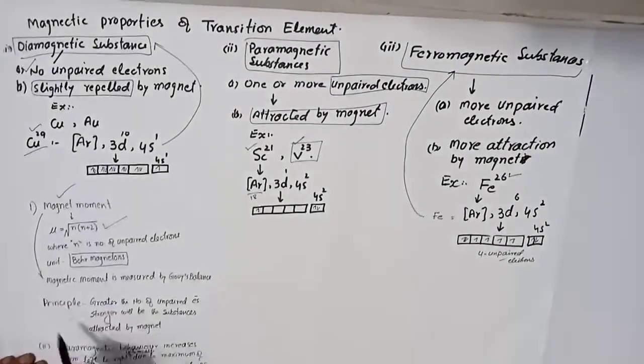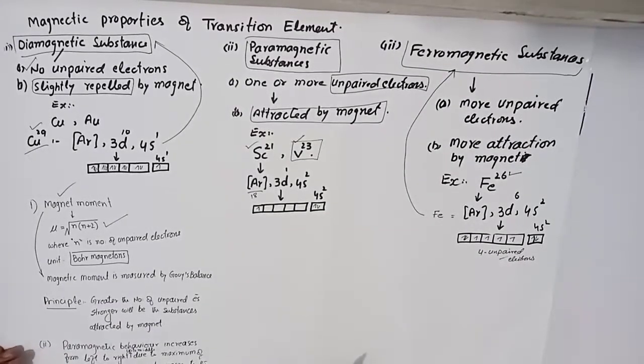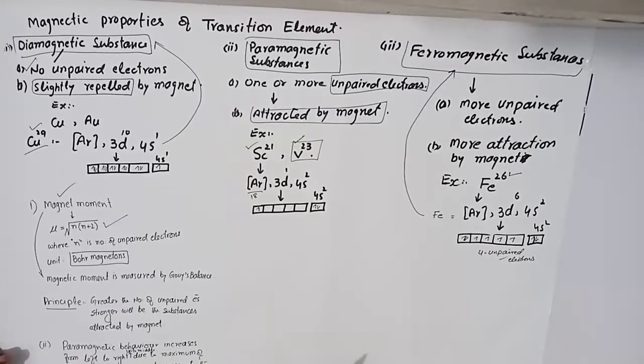So there is a general principle as a conclusion we take: the greater the number of unpaired electrons, the stronger the substance will be attracted by a magnet and magnetic field.